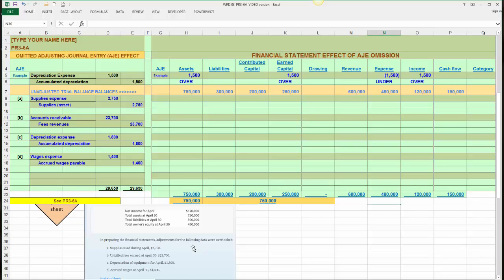entries. The first journal entry was the omission of the entry to increase supplies expense and to decrease the asset supplies. So if we had omitted this debit to supplies expense, this expense account would have been understated by $2,750, and the omission of this credit would have caused the assets to be overstated by $2,750.